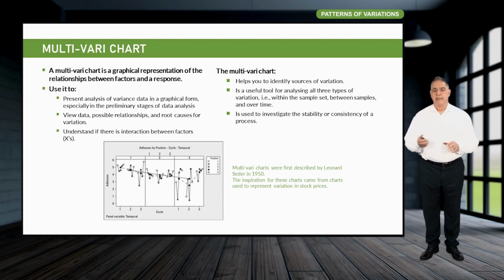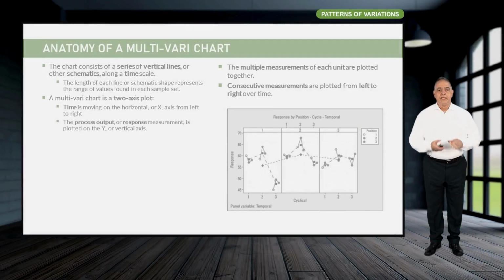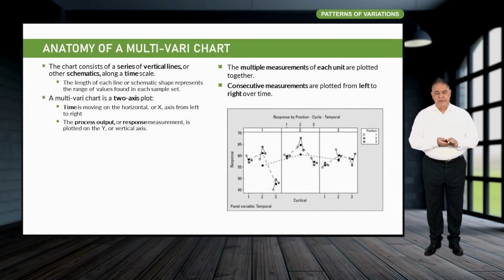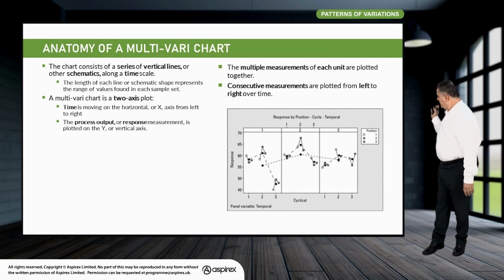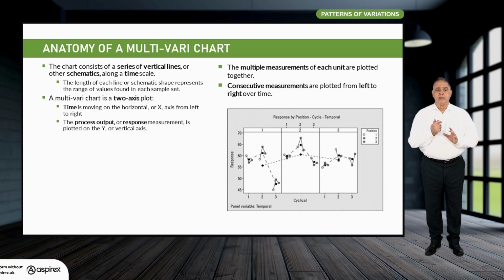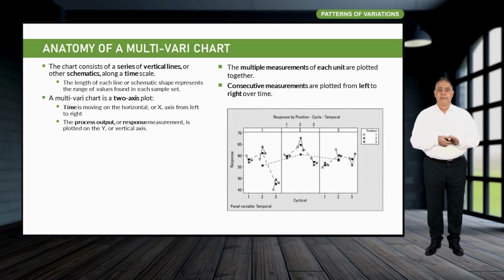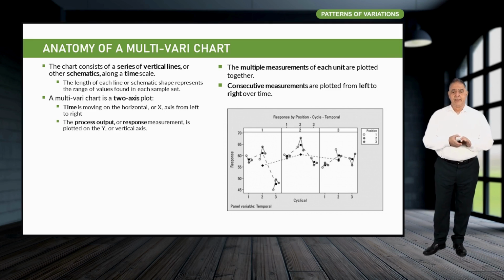So here we can see an example of the Multi-Vari Chart, and as you can see, it is a combination of vertical lines and different colors, and this is going to help us differentiate between, let's say, different states, different parts, different machines, etc. Regarding the anatomy of a Multi-Vari Chart, as you can see on the figure, the chart consists of a series of vertical lines or other appropriate symbols that we may be using instead of vertical lines.